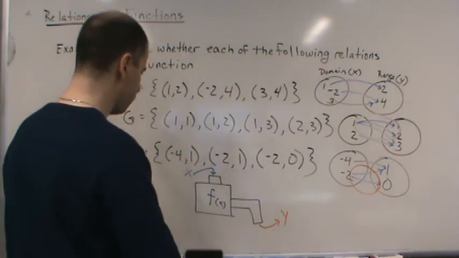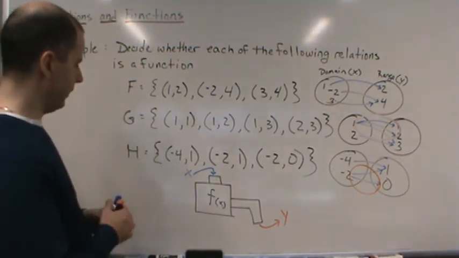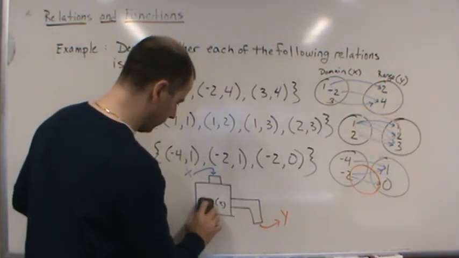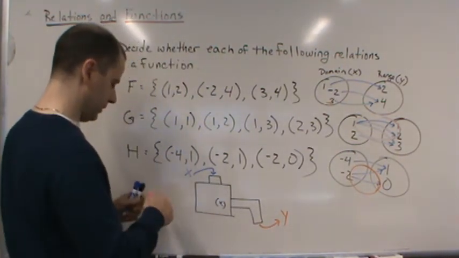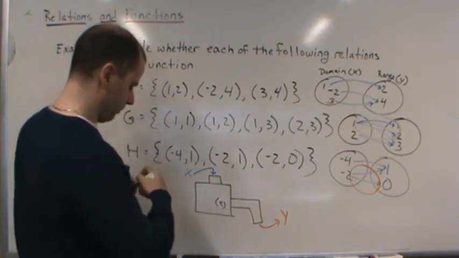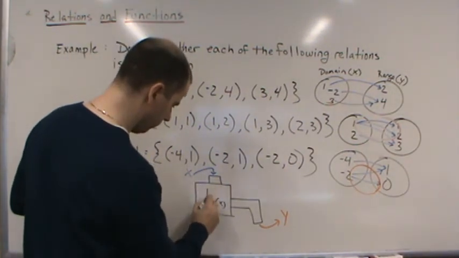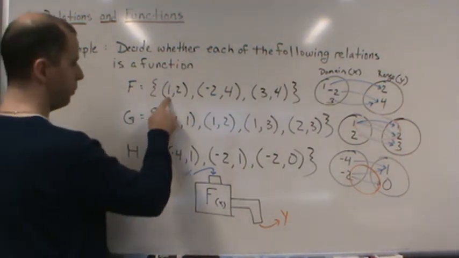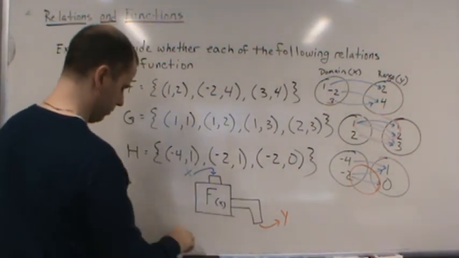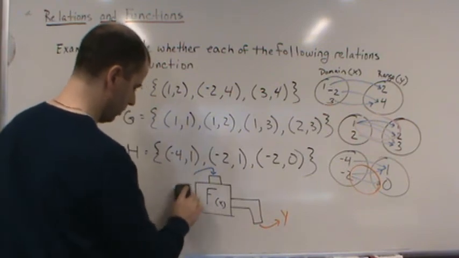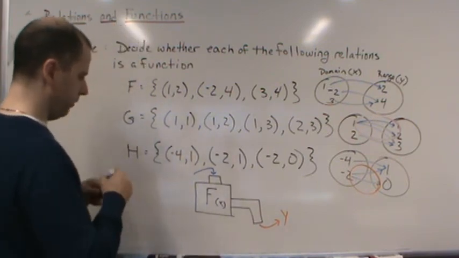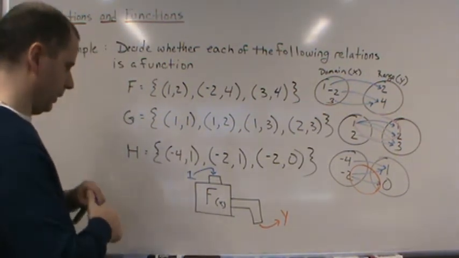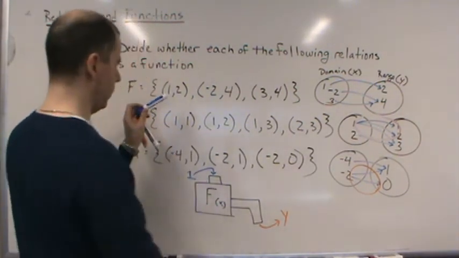So for example, let's do f. Now, the f function here, let me call it capital F of x. Okay, since this is a function. Now, so that means, hey, if I put a 1 in, and when I put in 1, what should I get out?